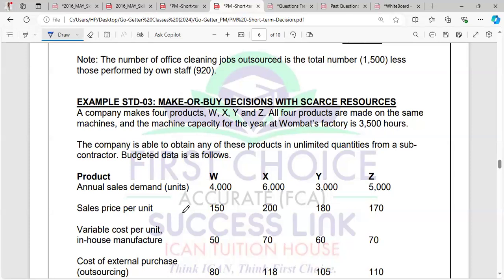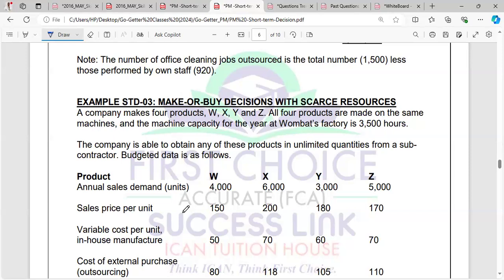Whichever one is smaller, if it is the variable cost in-house that is smaller, do it. If the purchase cost outside is smaller, purchase it. Then we looked at make or buy with scarce resource, and that is using limiting factor knowledge.